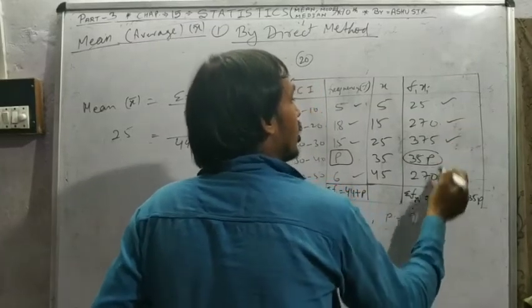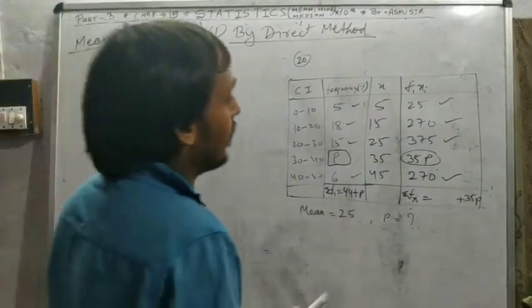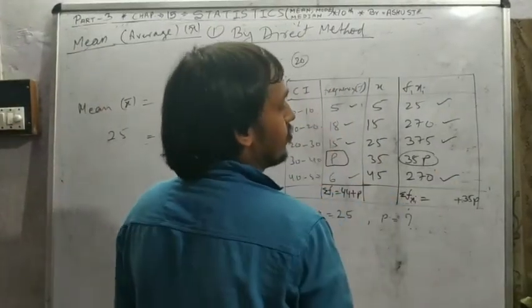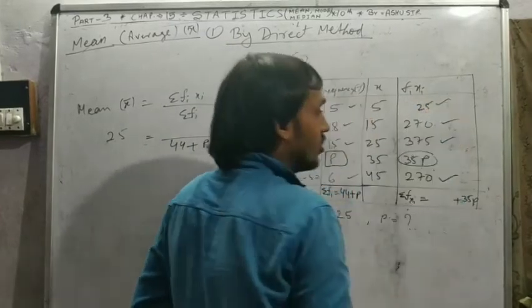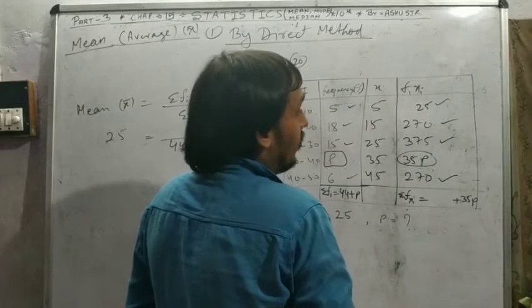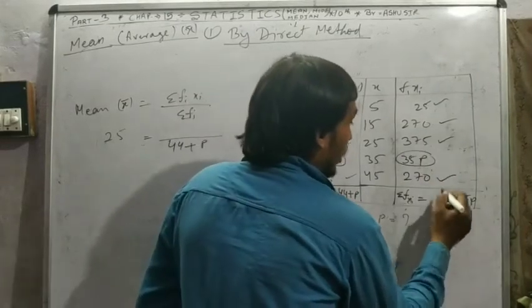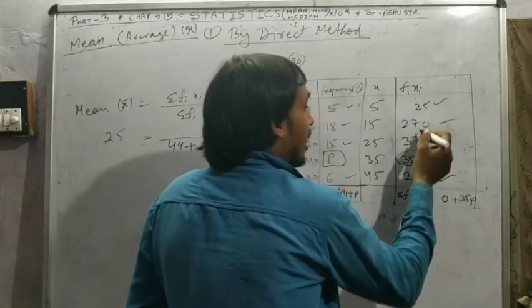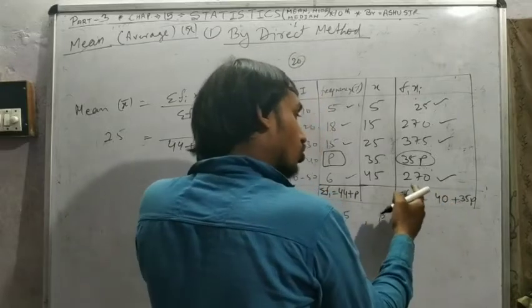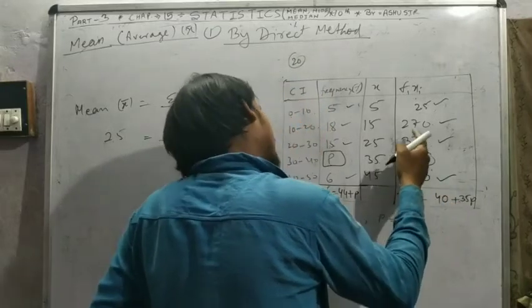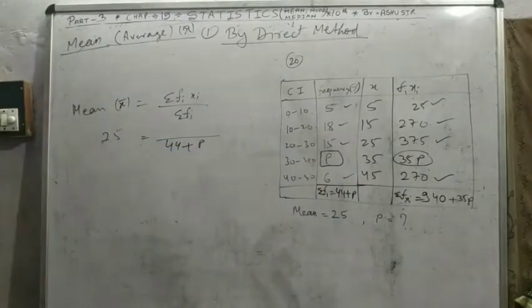Add all this. The total comes to 940 plus 35P.